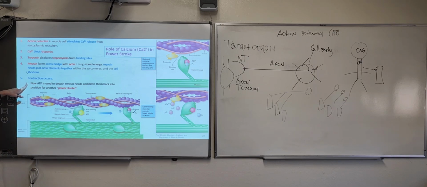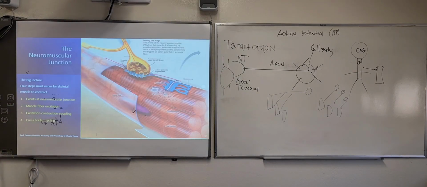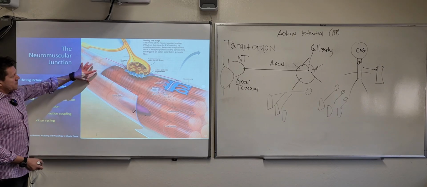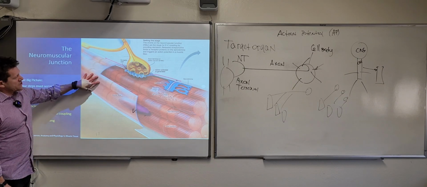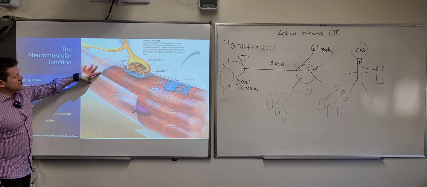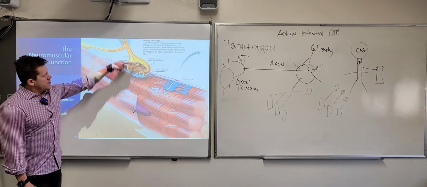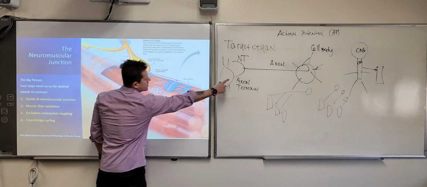And contraction occurs. That's the second step, and there's a step that precedes all this: initiation, the neuromuscular junction. So neuromuscular junction, that's the first step. Here's the muscle, here's your sarcolemma, the muscle cell, and here's the neuron, and here's this axon terminal right here.